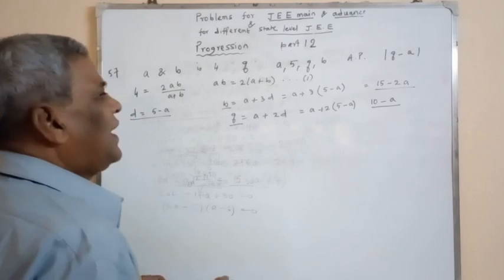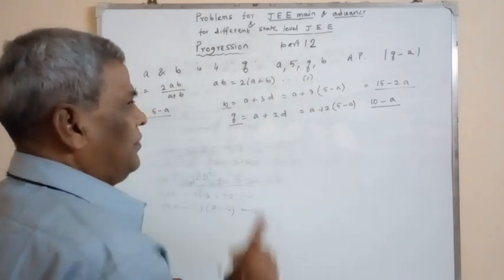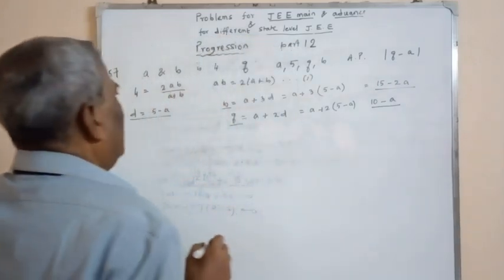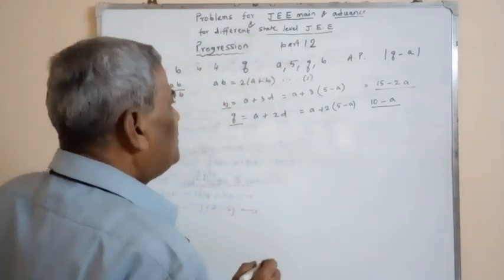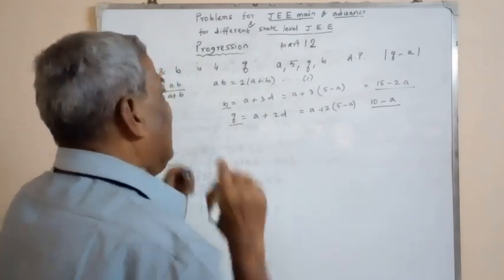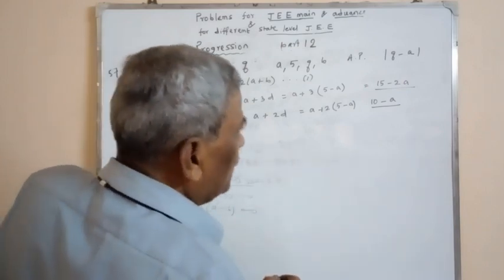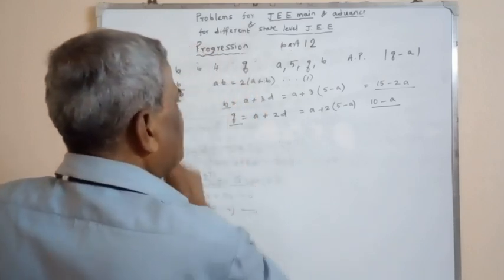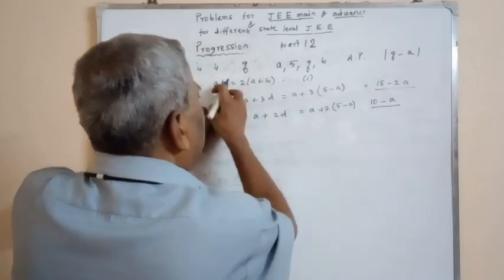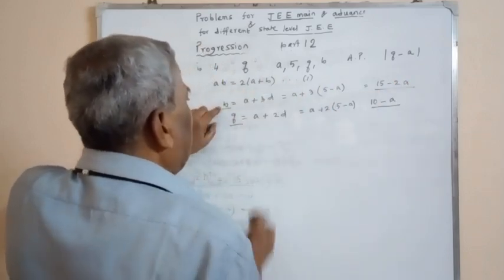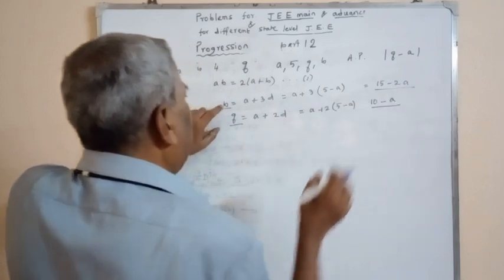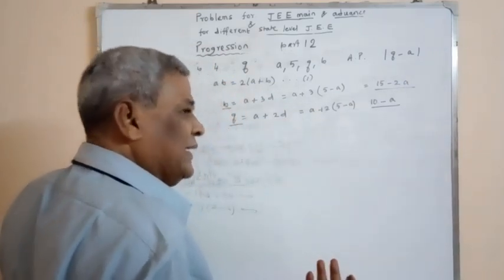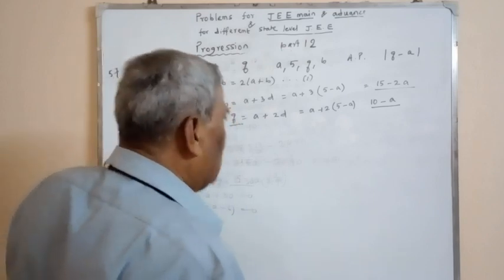Okay, next, to find the possible values of that, we have to find the value of a, and that is possible by eliminating b from this and that. This is a relation between a and b. So we eliminate b so that we get a relation of a only.